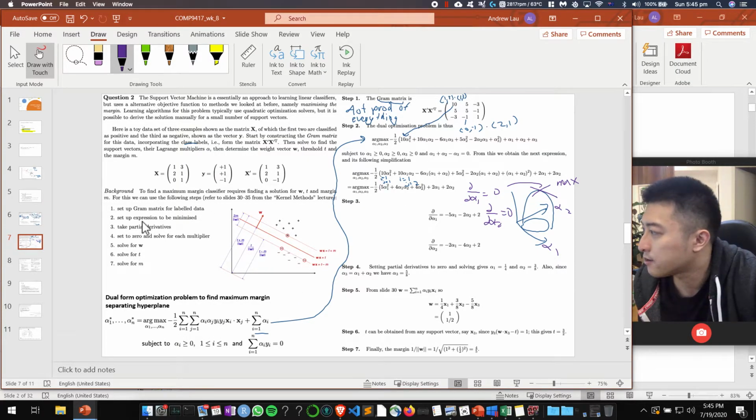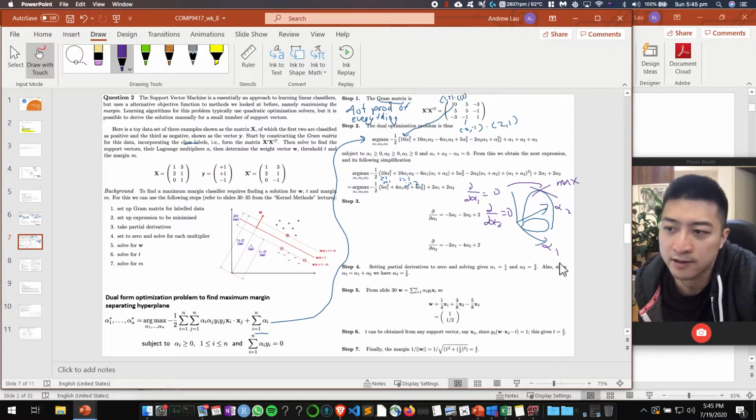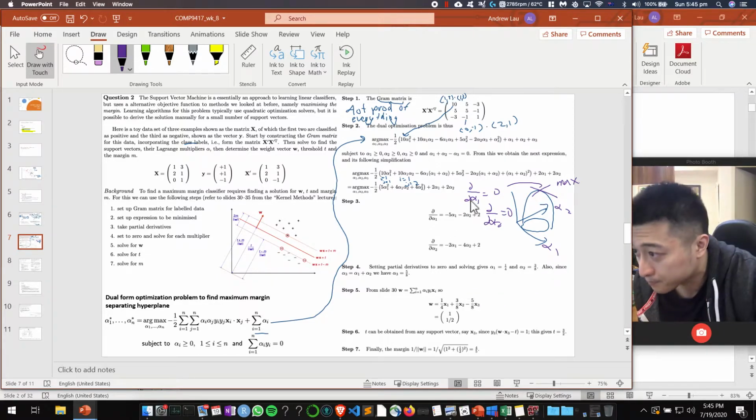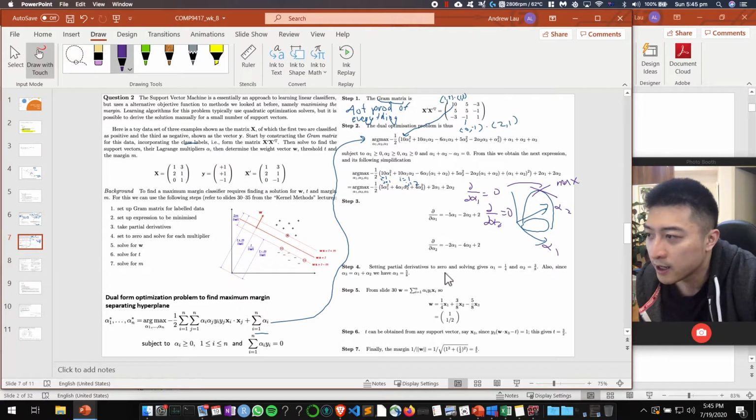And step 3, we want to take the partial derivatives because we want to find the maximum here. So we set everything to 0, and hopefully that's the maximum. We take the partial derivatives, and we solve, and we end up with alpha 1 is equal to 1/4, and alpha 2 is equal to 3/8.